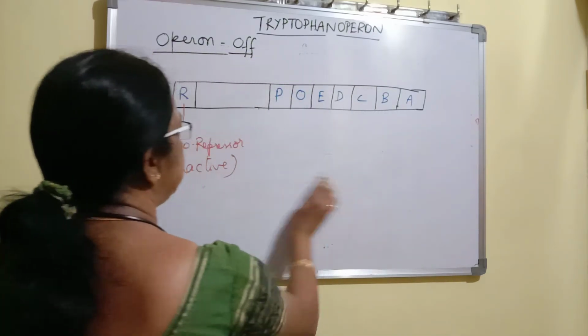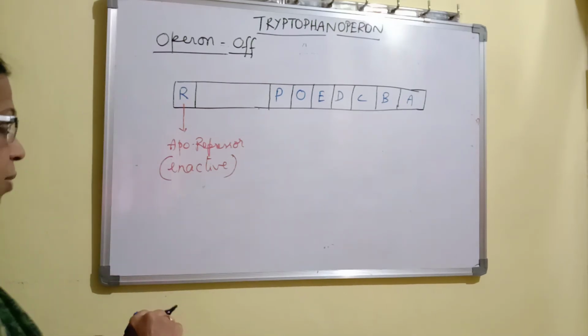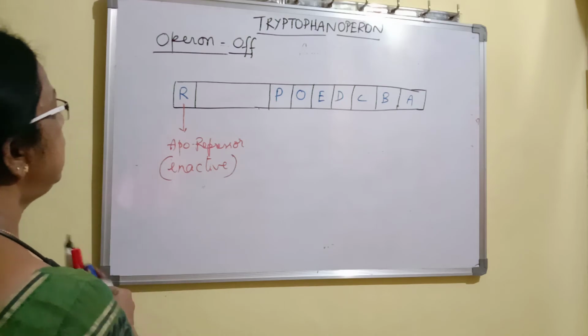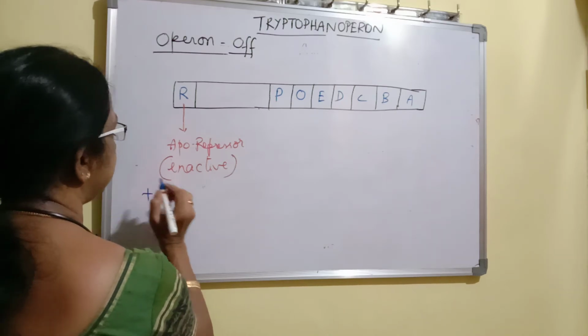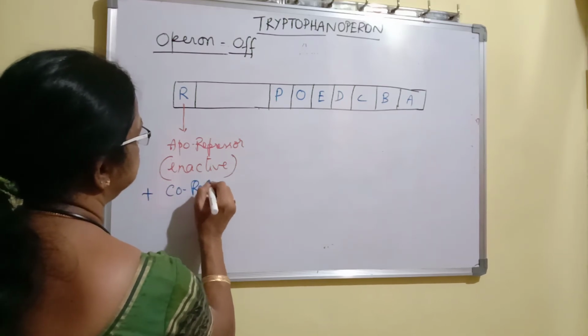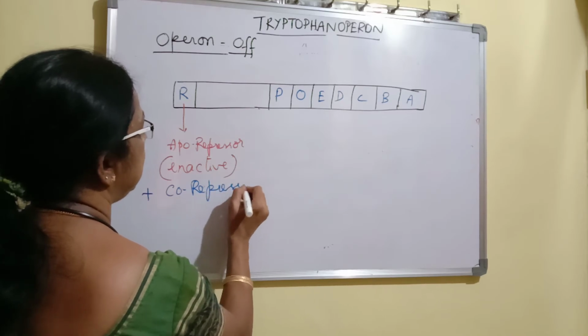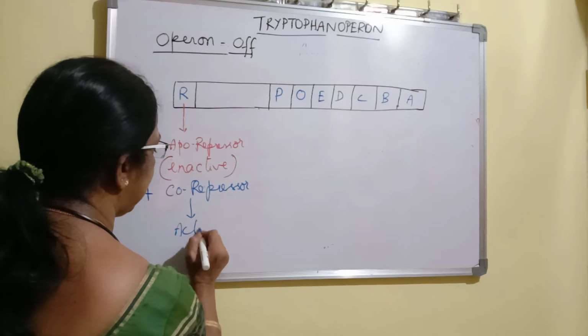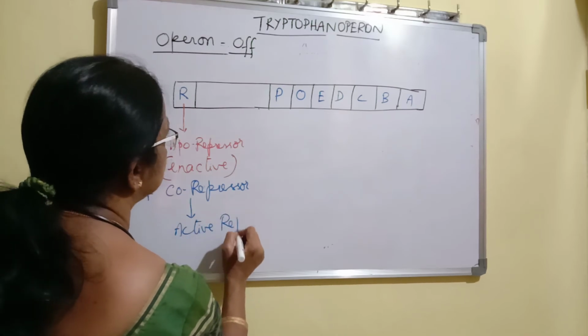So what happens here? The aporepressor will combine with co-repressor and then it will change to active repressor.